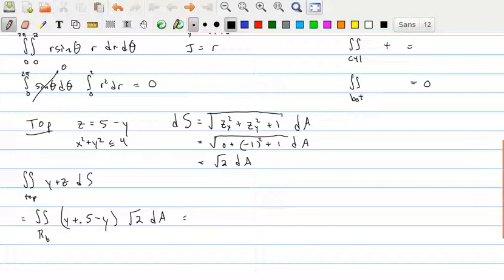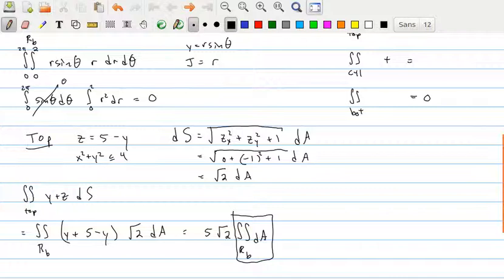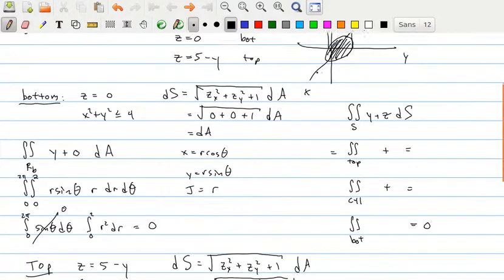If we simplify a little bit here, the y's will cancel. We're left with 5 radical 2 in the integral, and that's constant, so we can bring it right outside. And then this double integral right here, by definition, is the area of that region, the shadow we have in the xy plane. That was the disk of radius 2.